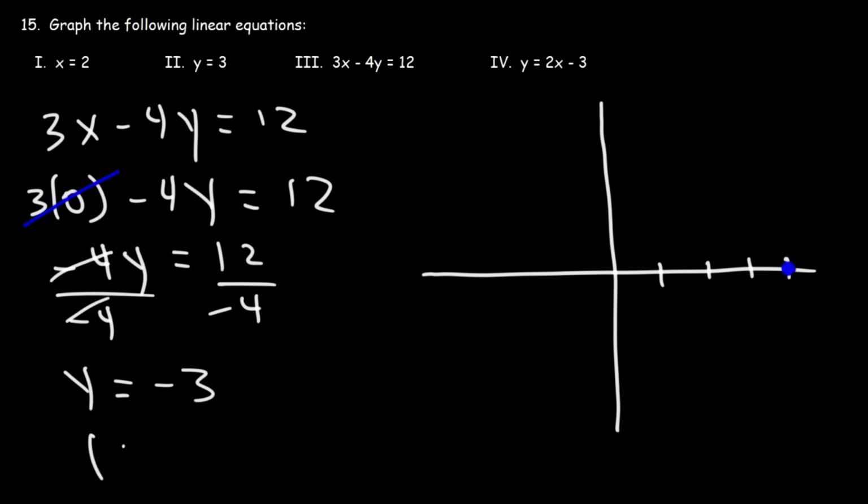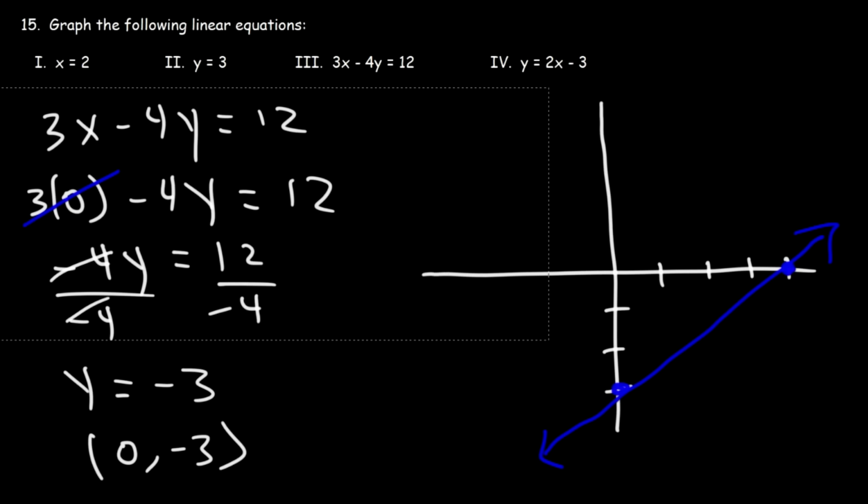So we have the point 0, negative 3. So the y-intercept is negative 3, which is right here. And all we need to do at this point is connect these two points with a line. And so that's how we can graph a linear equation in standard form.